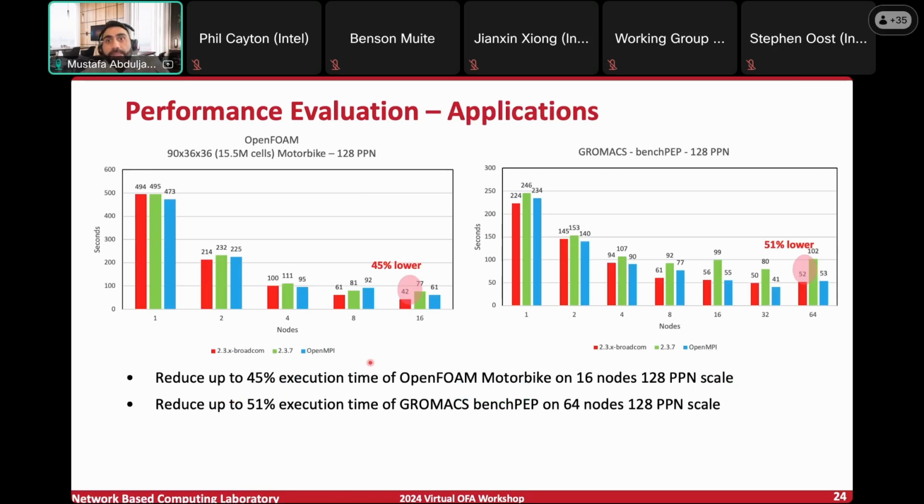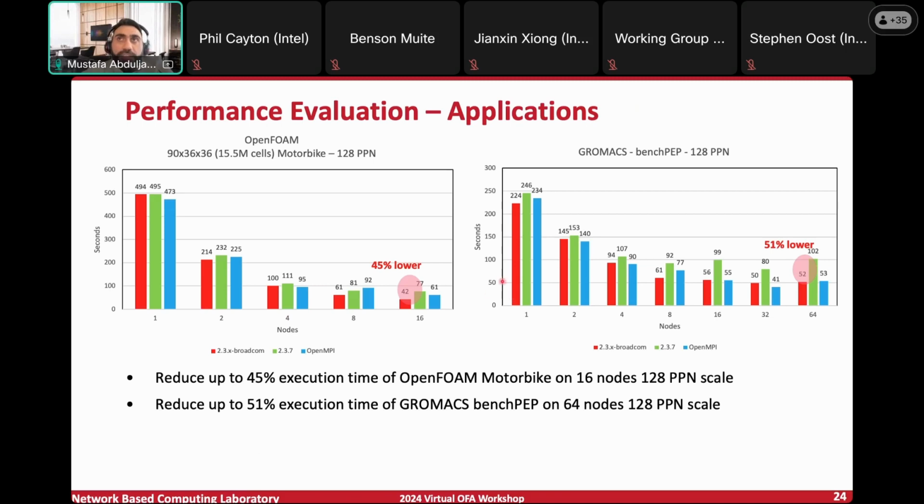And here are some application level performance evaluations. On the left side, I have the OpenFOAM results using 15.5 million cells from the motorbike dataset. For scalability, in this case lower is better, and we're running up to 16 nodes.